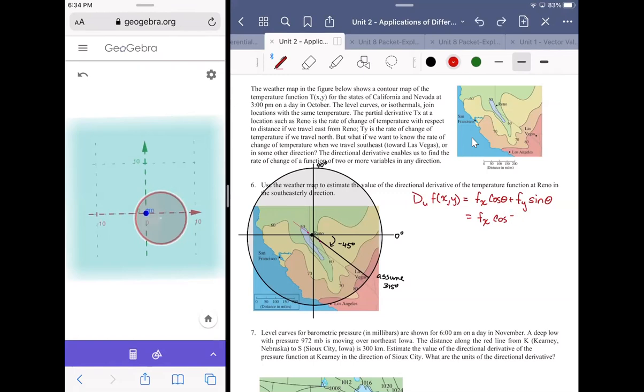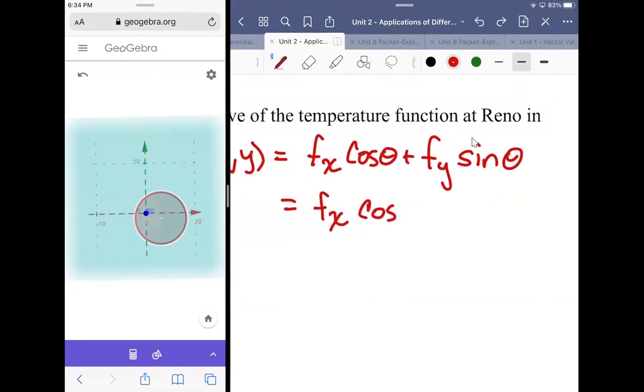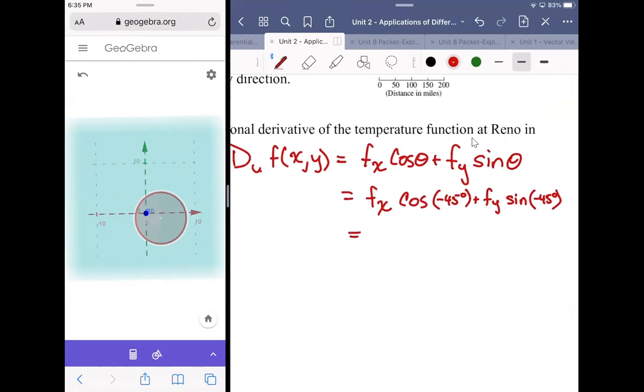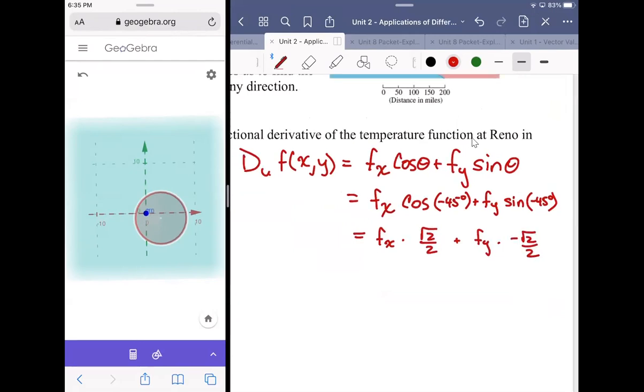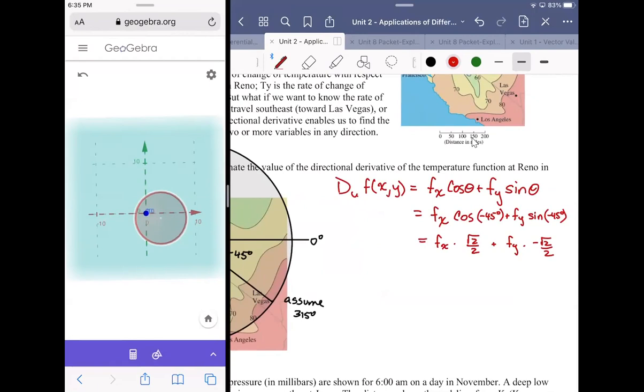I used degrees already, so I'll leave it like that: f sub x cosine of negative 45 degrees plus f sub y sine of negative 45 degrees. So we're looking at f sub x multiplied by radical 2 over 2 plus f sub y multiplied by negative radical 2 over 2. So now it's really just a matter of getting our partials involved here.